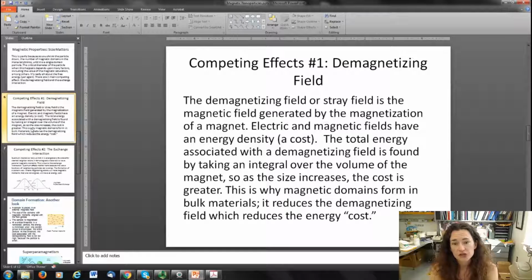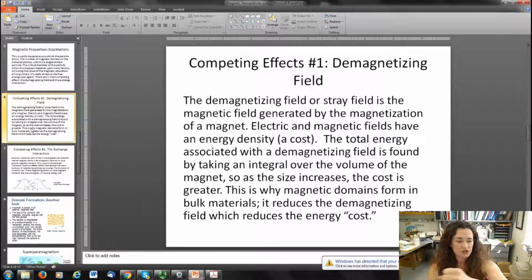So the total energy associated with the demagnetizing field is found by taking the integral over the volume of the magnet, all right? What that means is that as the size increases, there's a greater energy, and hence a greater energy cost, associated with the demagnetizing field. And this is the principal reason why magnetic domains form in bulk materials.